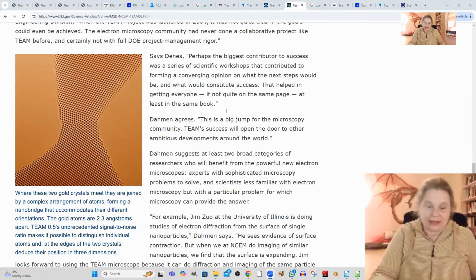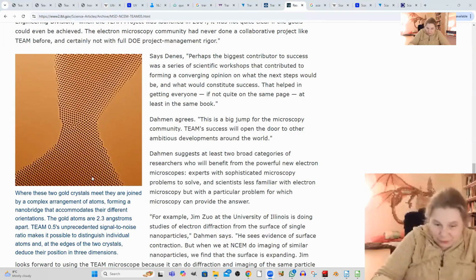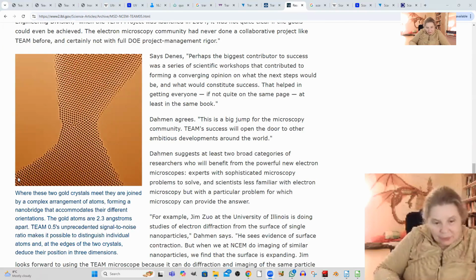And this is where two gold crystals are meeting, where they're joined by a complex arrangement of atoms forming a nano bridge. So you've got one crystal of gold here, all of this, and one crystal of gold here, all of this, and this bit is the nano bridge.